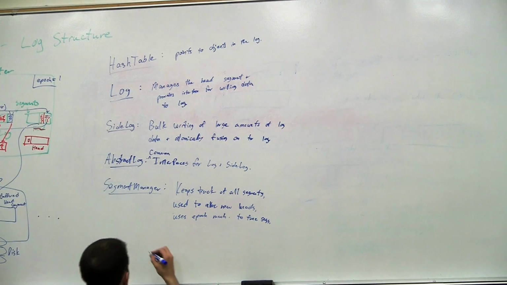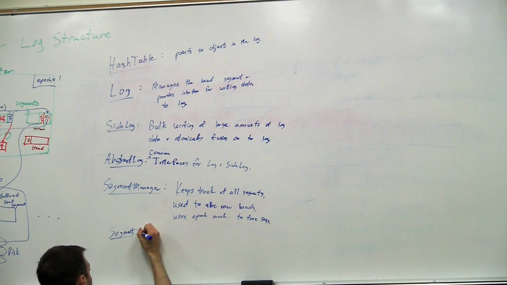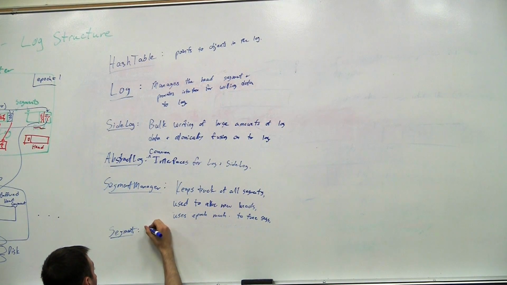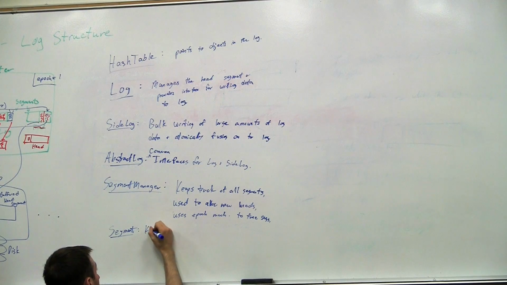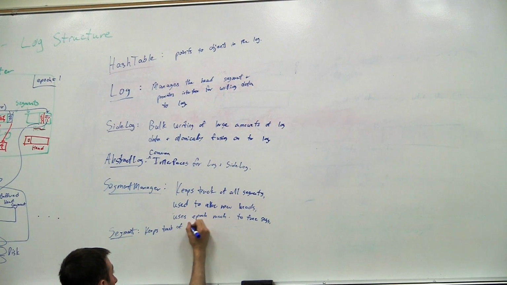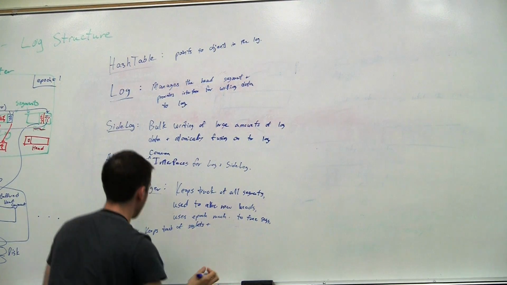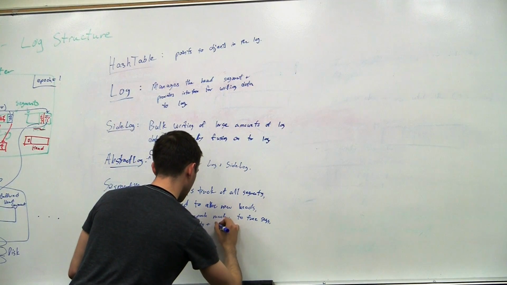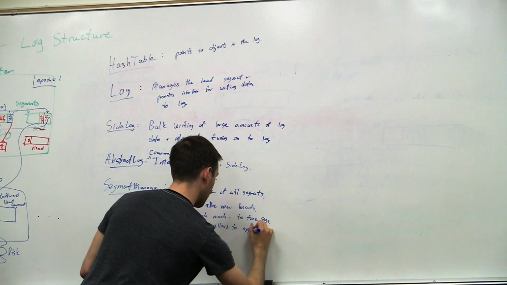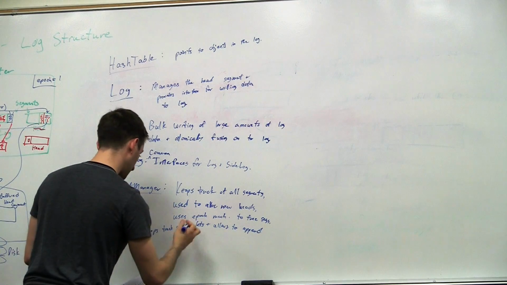Let's see. So that naturally leads to segment. So the segment class, basically all it does is keep track of a bunch of seglets and allows you to append to these discontiguous segments.